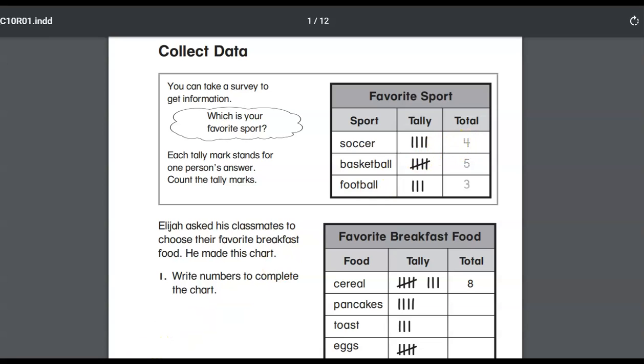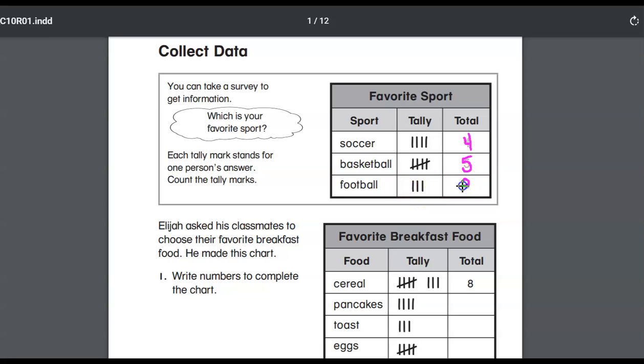So let's go ahead and do some work here. When I'm making tallies, I simply draw lines. So for soccer, they have 4 tally marks, right? And then they write the number 4. Okay? And for basketball, they have 1, 2, 3, 4. And when you get to 5, you cross it. They have 5 tally marks. For football, only 3 tally marks.